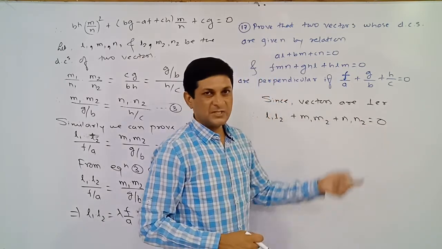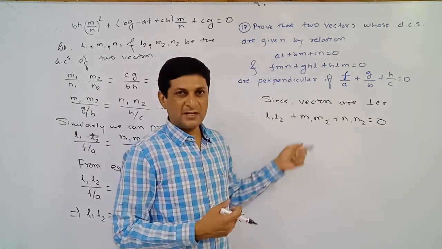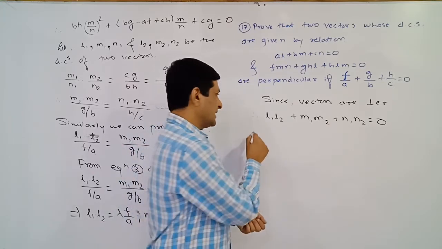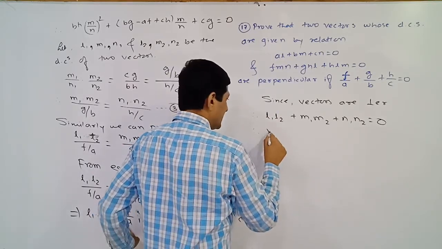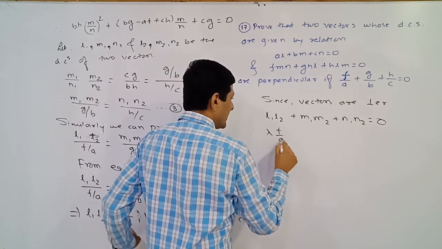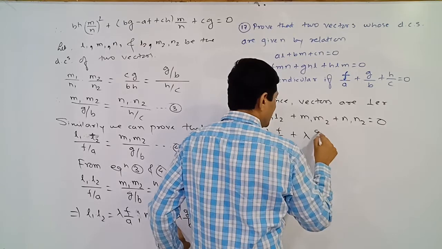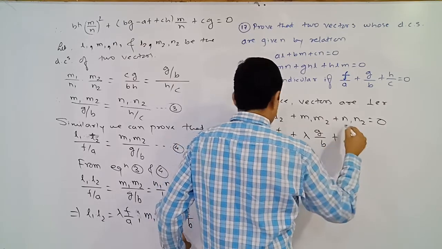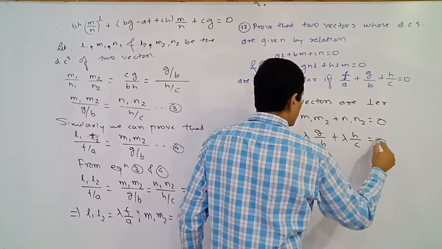This is the condition which is satisfied by direction cosines of two lines or two vectors if they are perpendicular to each other. Just now we have got the value of L1 L2. What is the value of L1 L2? Lambda into F upon A. M1 M2 is equal to lambda into G upon B. N1 N2 is equal to what? Lambda into H upon C, and the sum is equal to 0.